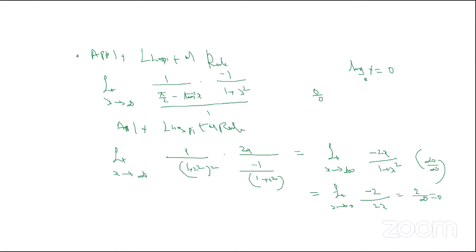Logarithmic form to convert into exponential form. That equal to y equal to e power 0, that equal to 1. That means what we are observing? Hence limit x tends to infinity, pi by 2 minus tan inverse x whole power 1 by x equal to 1 is proved. Hence proved.